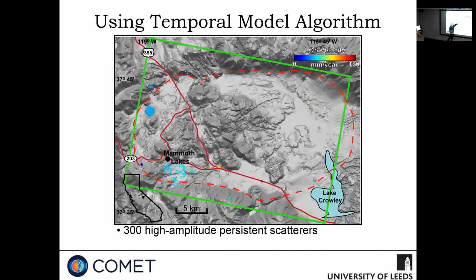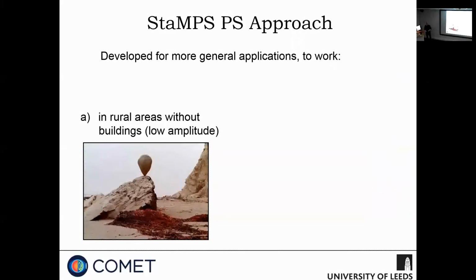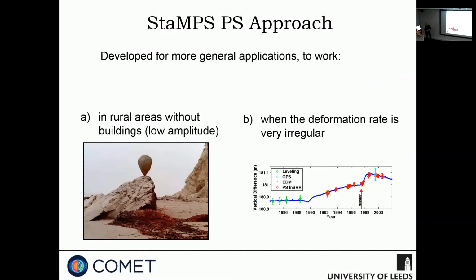But where all the deformation is, I had no points. So I was motivated to try and find a different approach to pick out points which may be low amplitude, but still behave consistently, like rocks or whatever. And also accounting for the fact that volcanoes don't tend to behave with very regular deformation.